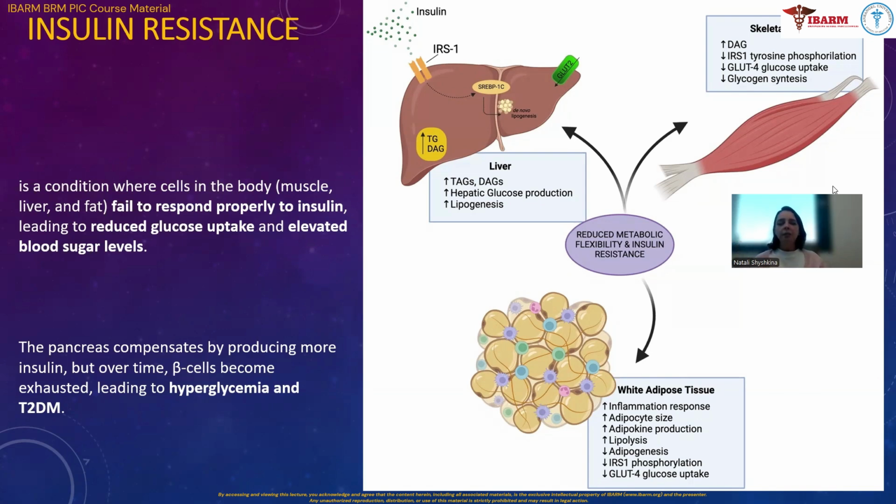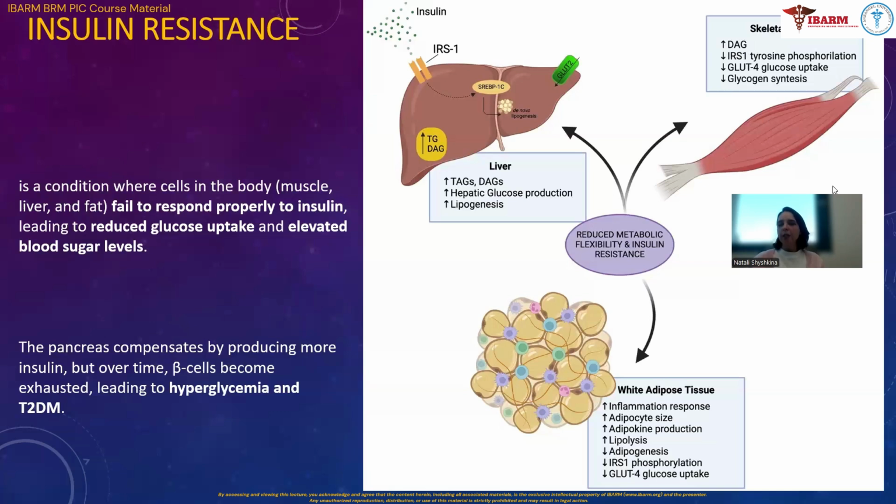In this part of the presentation, I would like to stop on insulin resistance changes in every target organ: the liver, skeletal muscles, and adipose tissue. You can observe the major tissues responsible for glucose uptake and metabolism in the slides I will show you.